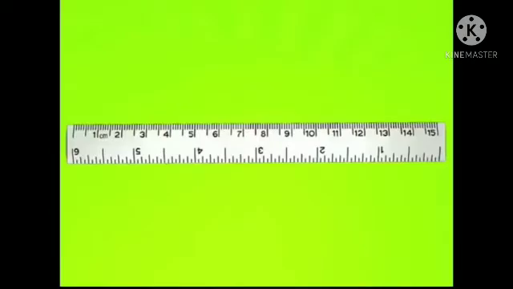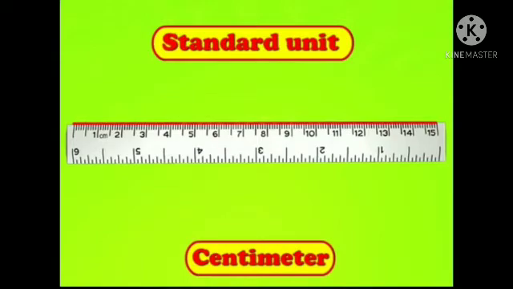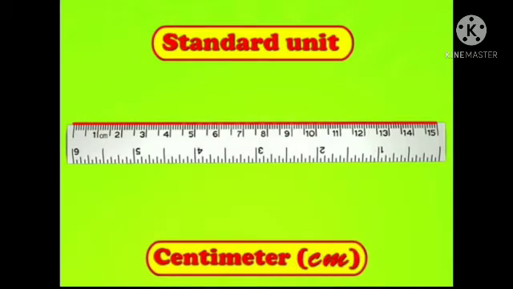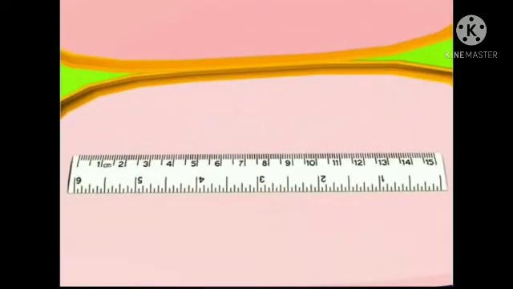And another standard unit of length is the centimeter. It is written as cm. We write centimeter in short as cm. Your ruler in your geometry box has centimeter marks on one side. The long lines on a ruler are 1 centimeter apart.